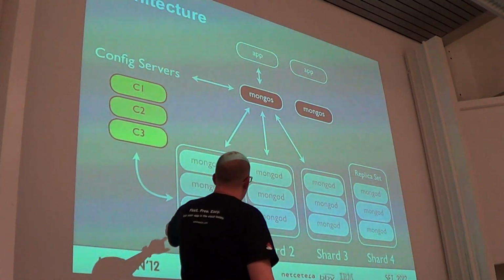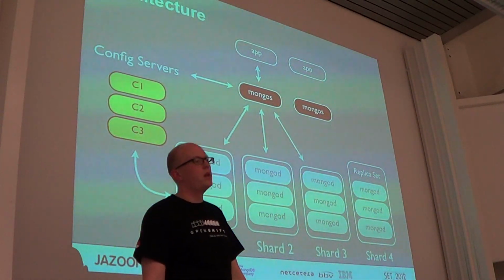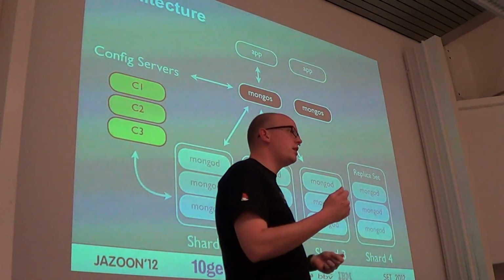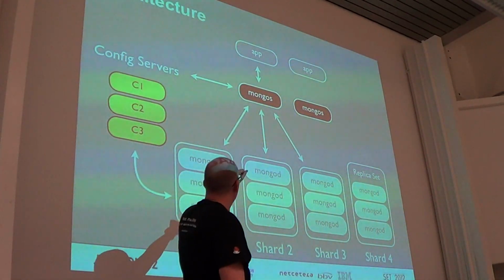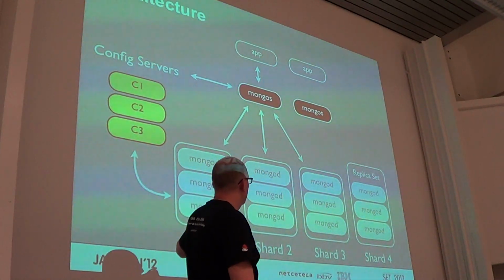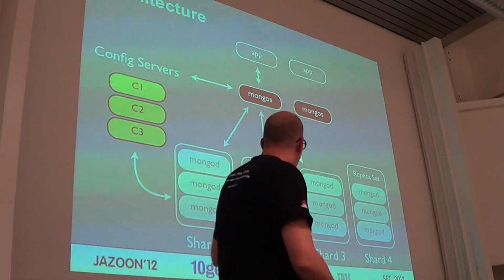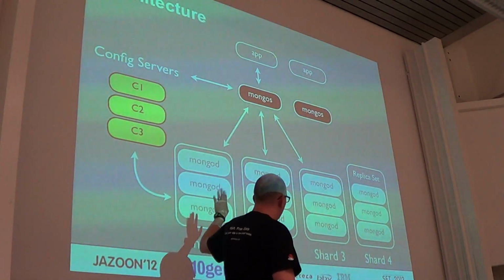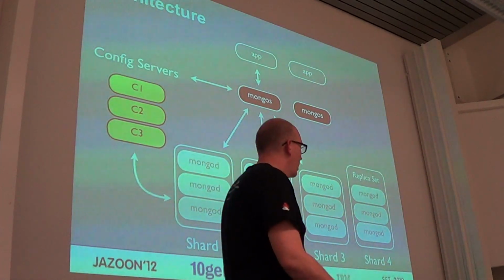The mongos obviously need to be able to see the shards, and they need to be able to see the configuration servers. When you get an imbalance in a shard, the mongos will speak to the config servers and divide up the range, so it'll be split out, and then the chunk of data will move across to another shard.